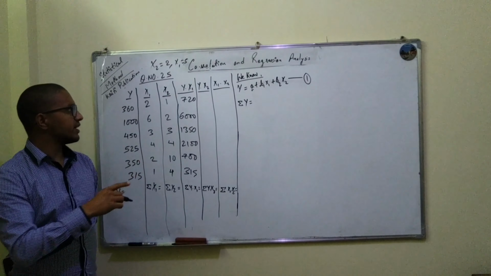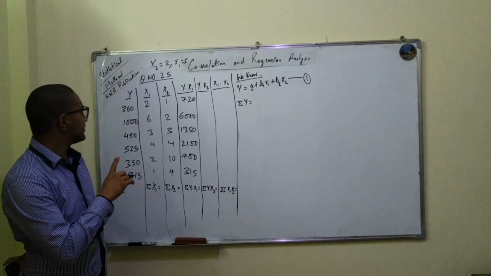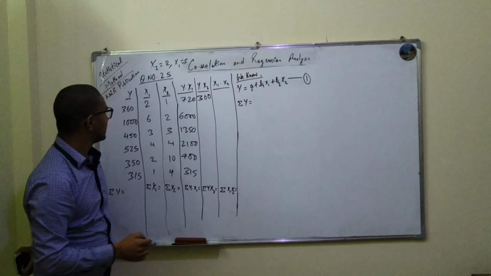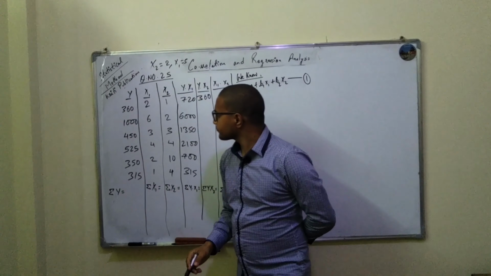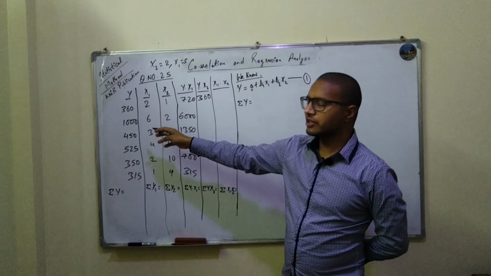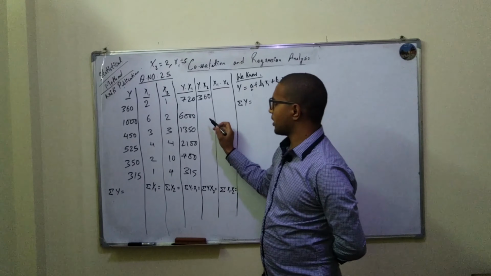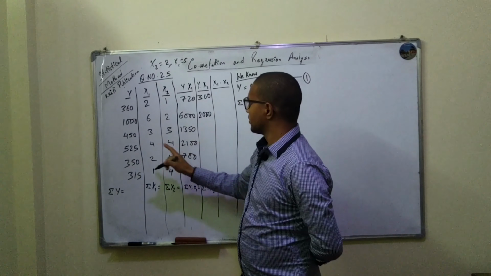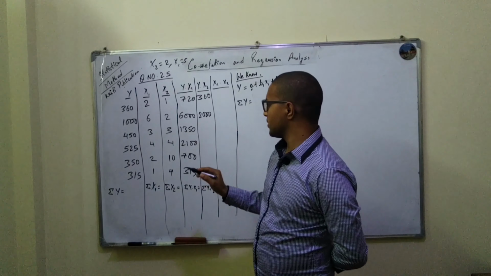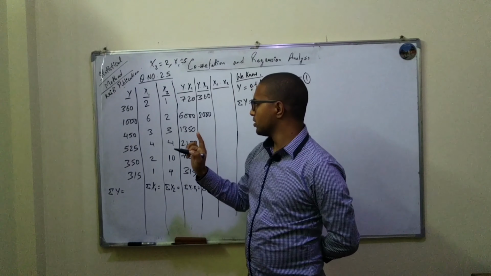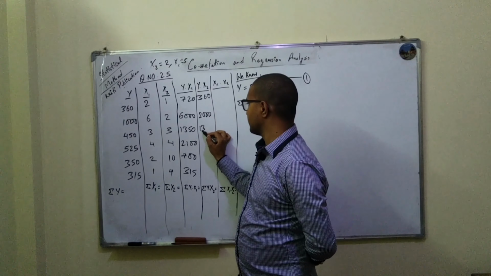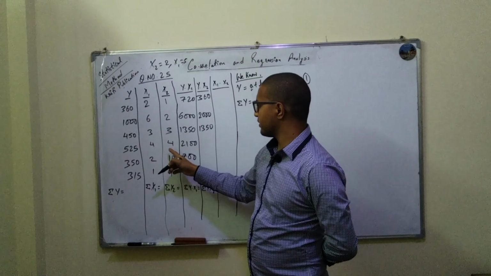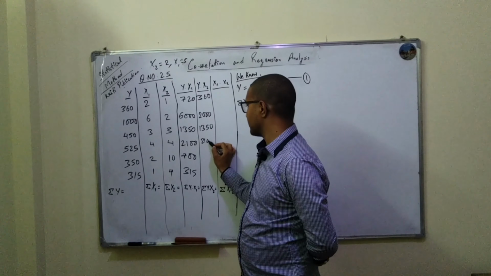Now y dot x2. 360, then 1000 into 2 is 2000, right? 450 into 3 is 1350. 525 into 4 will be 2100.